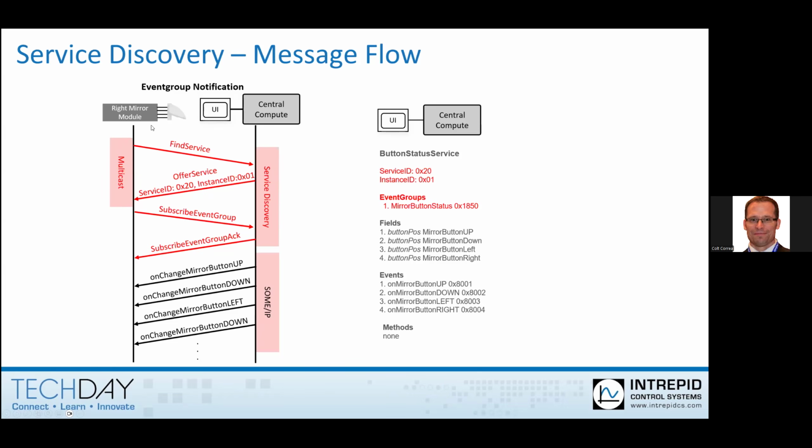It's pretty simple. We'll go through one example. So the right mirror module, when it boots up, inherently knows, hey, I'm expecting commands from somewhere telling me whether the user wants this mirror adjusted. So what might happen is the right mirror module will send out on the multicast address a find service: I want to find this service. It's going to look for the button status service, which is service ID 20. Then the ECU that provides that service will send out an offer service.